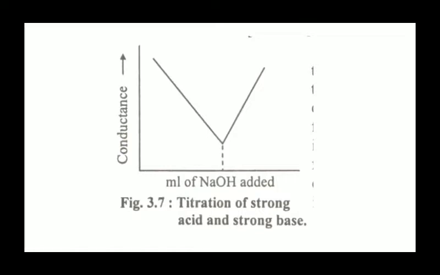As a result, the conductance of the solution falls. After the end point, the conductance of the solution increases due to the introduction of OH minus ion, which arises from unreacted sodium hydroxide. The point of intersection of the two lines gives the end point.